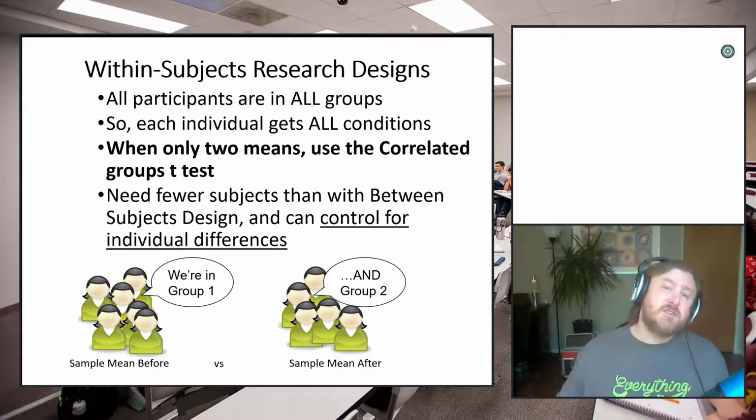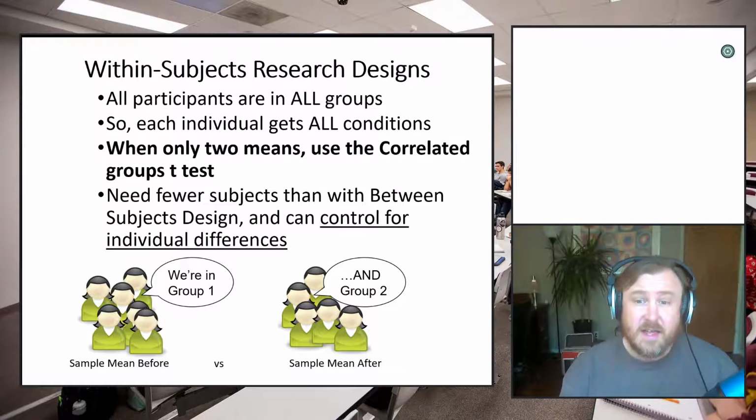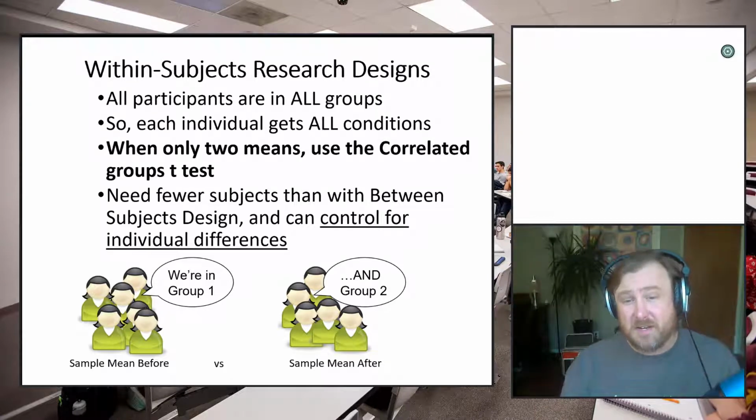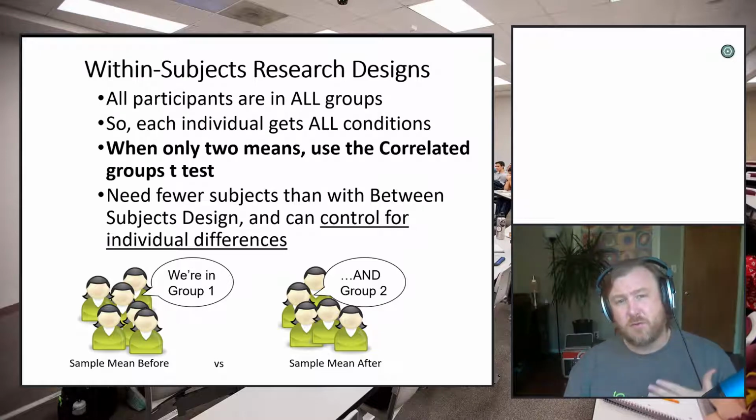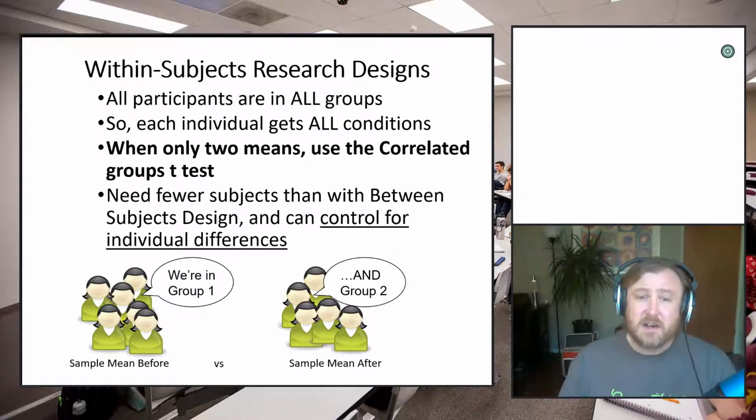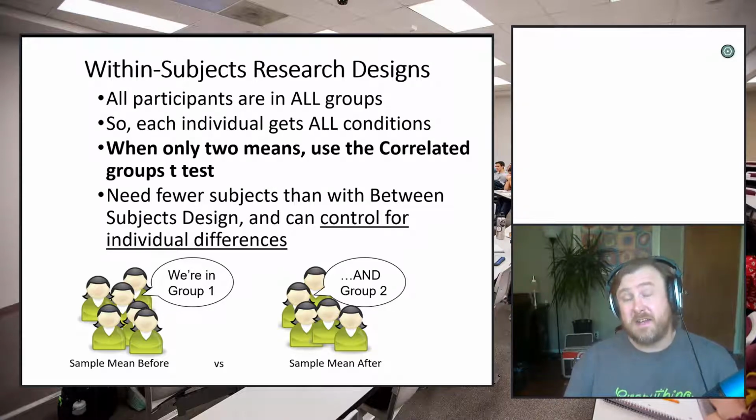Now, an advantage of a within subject research design is that it has greater statistical power because we control for individual differences. Essentially, every participant acts as their own control. And as a consequence, we need fewer participants to obtain the same statistical power as we would with a between subjects design.